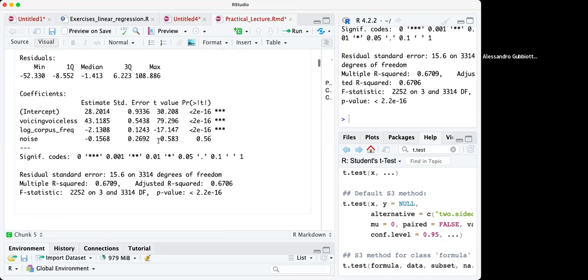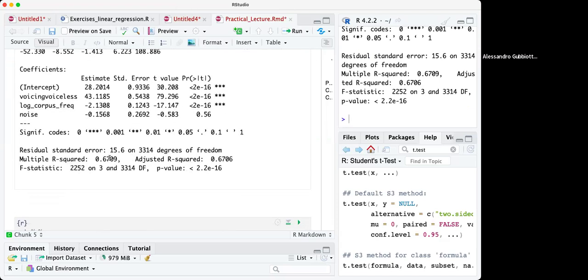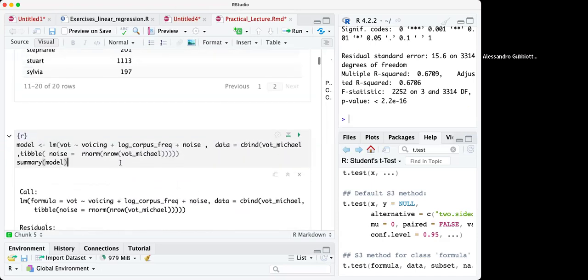And we see that the multiple R squared has, okay, maybe we cannot see it from here.